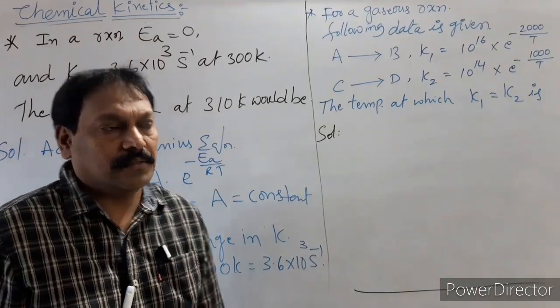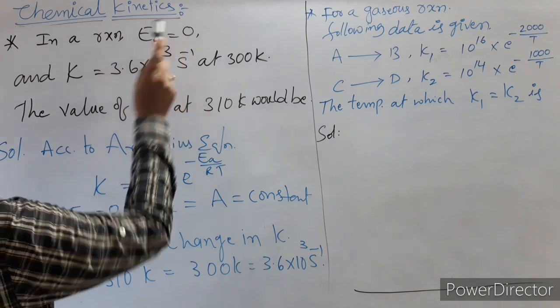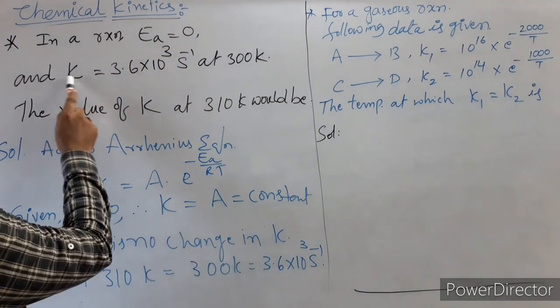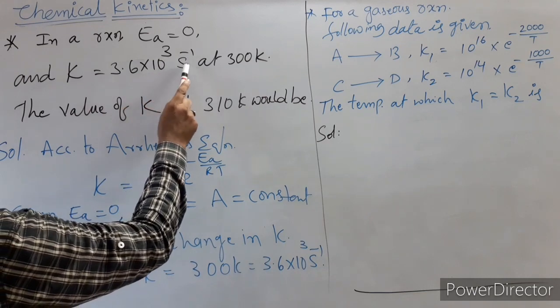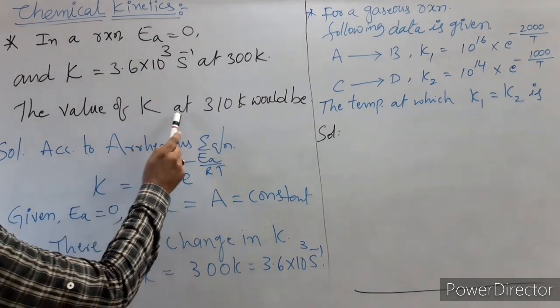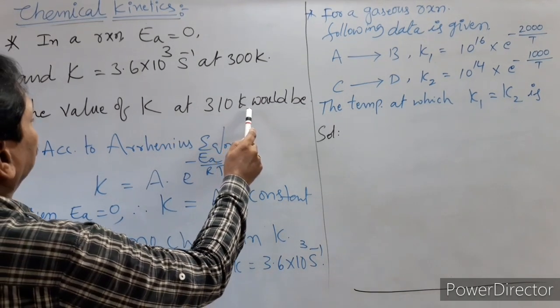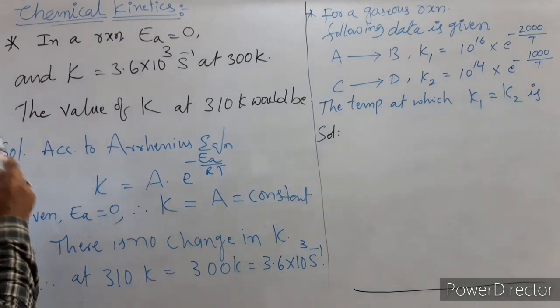Next problem is: in a reaction, the activation energy equal to 0 and rate constant K equal to 3.6 into 10 power 3 second inverse at 300 K. The value of K at 310 Kelvin would be? Solution.